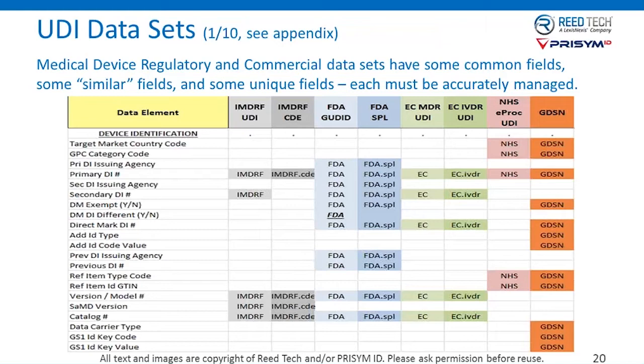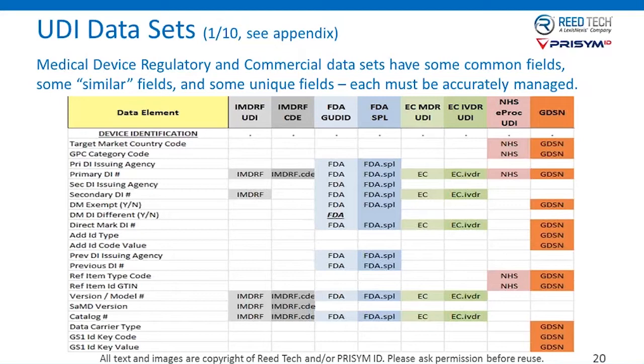So the International Medical Device Regulatory Forum UDI guidance and their common data elements are the first 2 columns in gray there, 2 regarding the FDA GUDID and the SPL, the green referring to the European Commission, MDR and IVDR. Those 2 columns are actually very close, except there are some subtle differences.